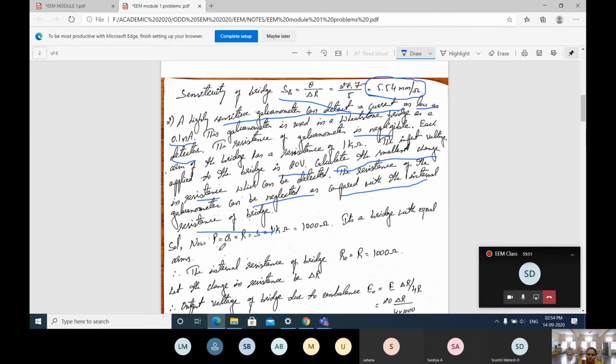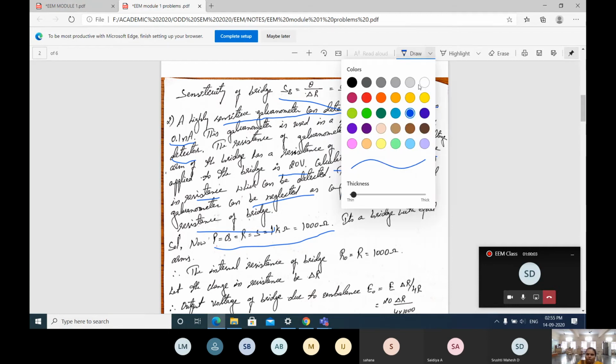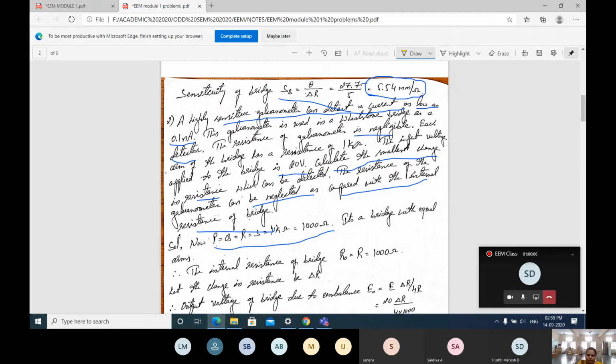Now the solution. In the bridge, what all things are given? P, Q, R, S. Observe here. Each bridge arm is taken as 1 kilo ohm, for that reason 1000 ohms. With the equal balanced arms, what will the internal resistance be?